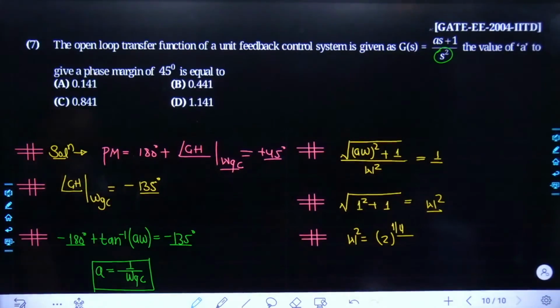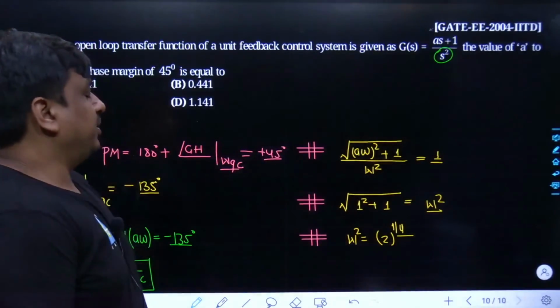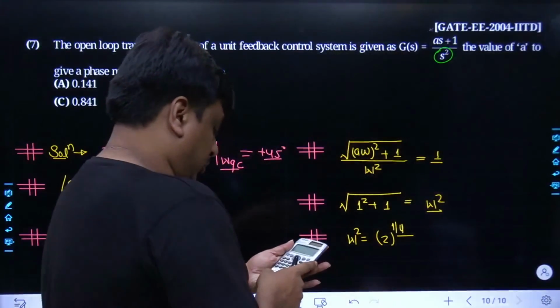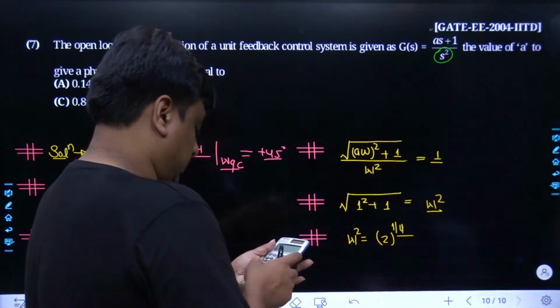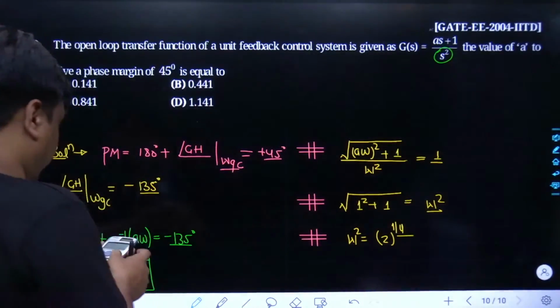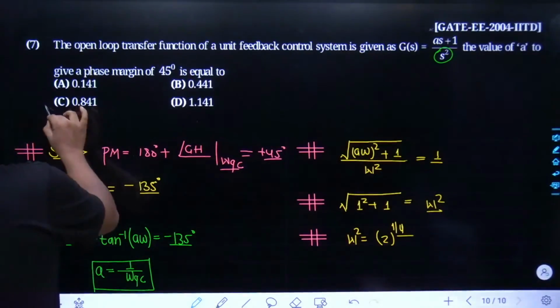Root over omega raised to the power of 2 plus 1, omega square, everything is fine. So here it is 2 raised to the power of 1 by 4. It is 1.189, and now we have to take its inverse. It is 0.841. The answer is C.